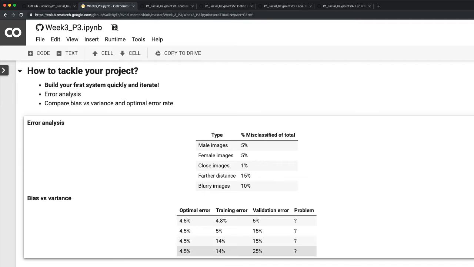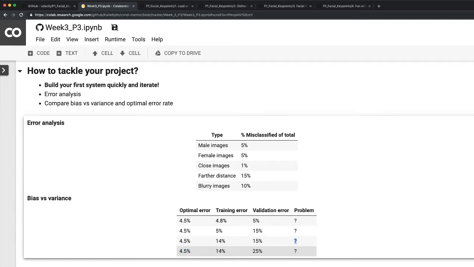Now the curious thing here is that if we were to block the optimal error out, and we just look at the training error and the validation error, let's say you didn't know that these existed, if you get this right from the start, you would have no way to know that you can actually improve it all the way down to here, because the optimal error could be 13.5, and you don't know.